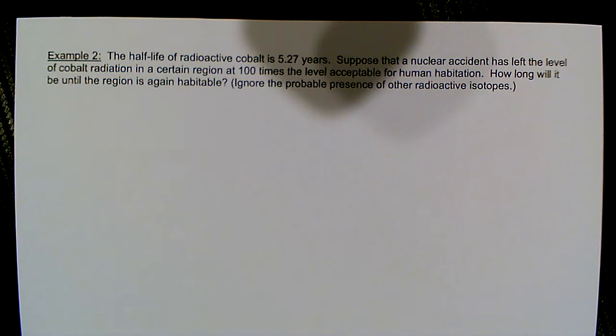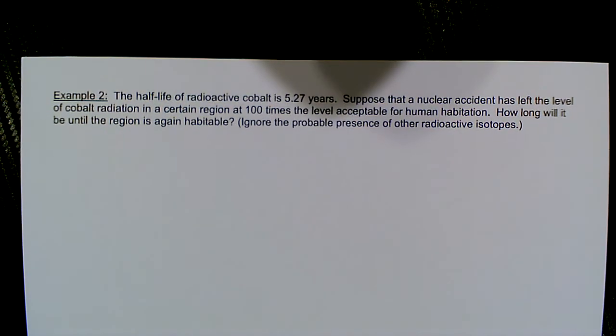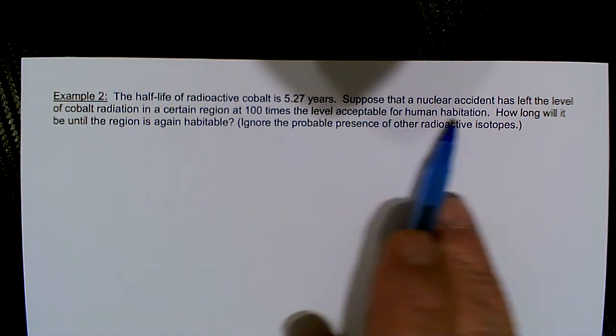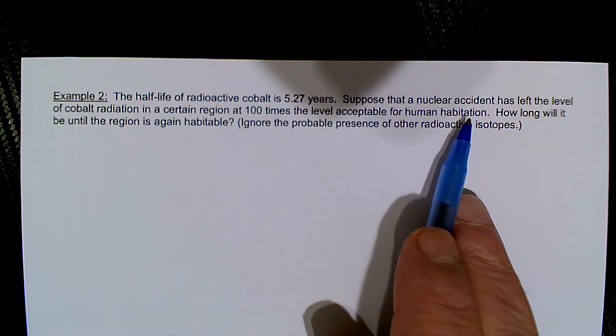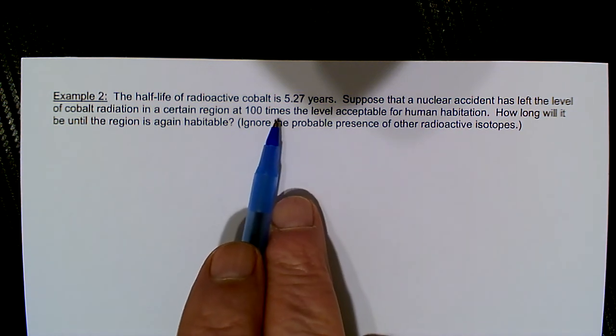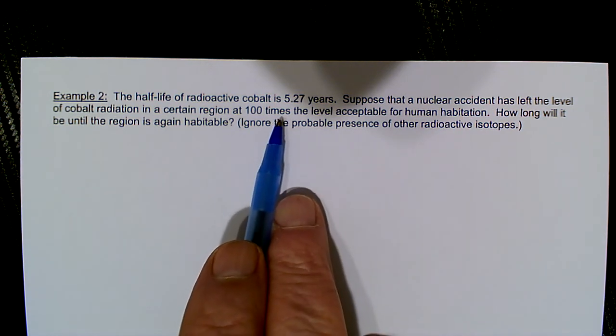Now something a little bit more interesting. We've got a Chernobyl type situation. It gives us the half-life of radioactive carbon, and there's been a nuclear accident, and it has left the region 100 times the acceptable level of cobalt radiation.